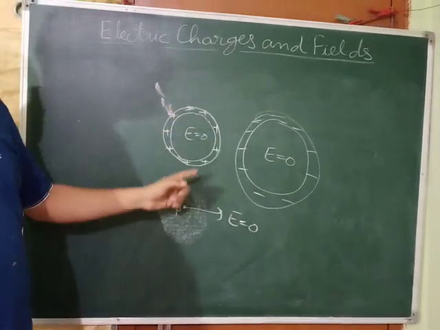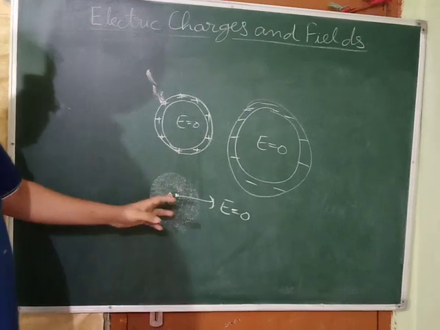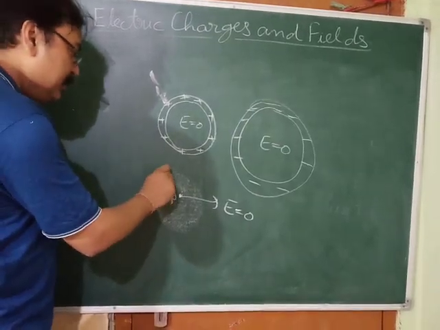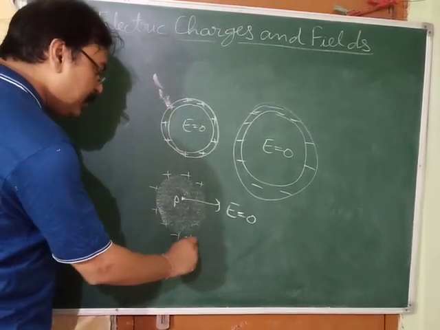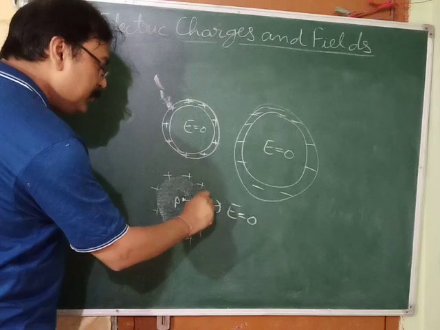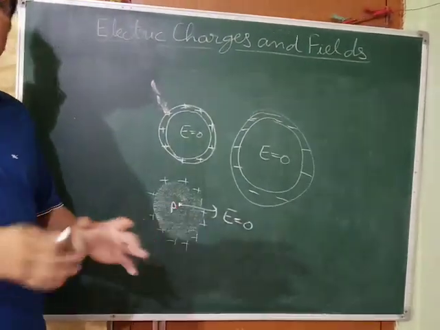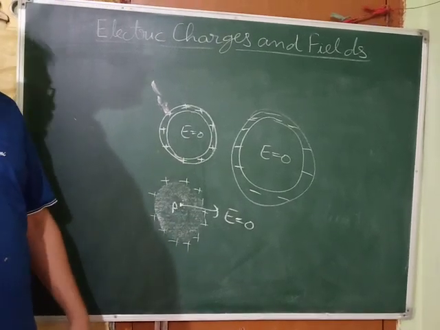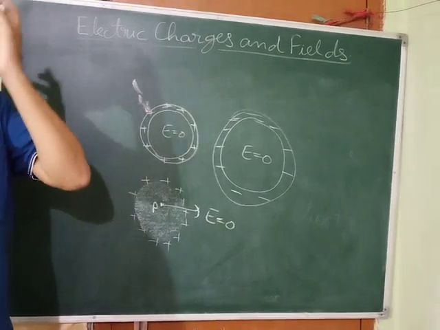On the surface, we have found the electric field, but inside it is 0. Why? Because all the charges reside on the surface of the solid body or any conducting body. Why? I have already told you, due to repulsion, they try to maintain the maximum distance, that's why they come out and reside on the surface. So this is a very important concept which will help you to solve the questions.